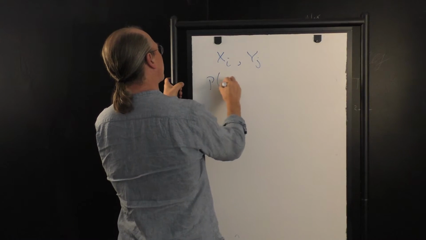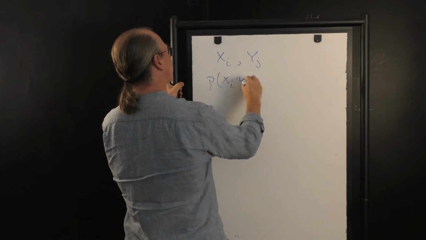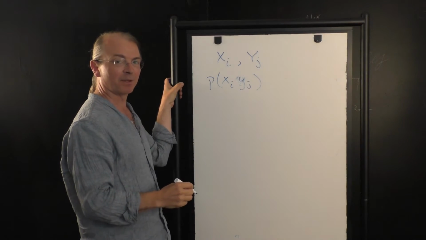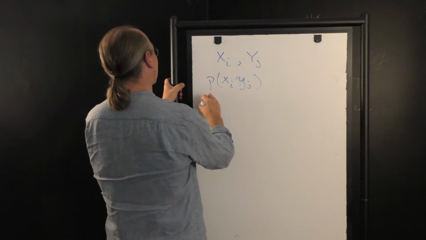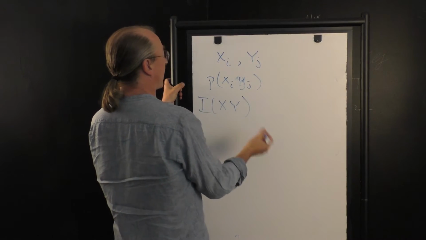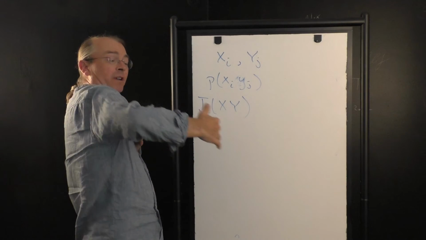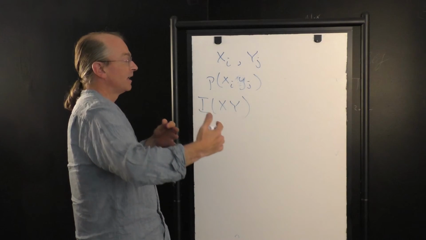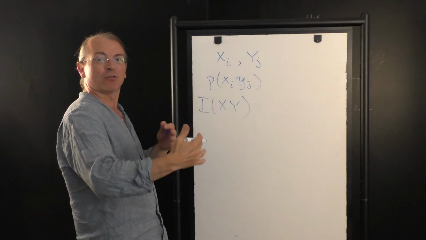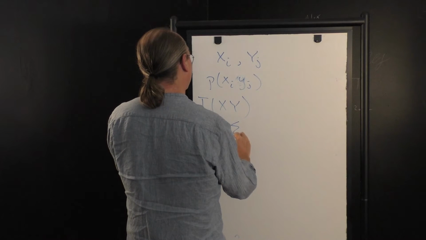So we have a joint probability distribution, Xi and Yj. This is our joint probability as before. And now we have a joint information, which we'll call I of X and Y. This is the information that's inherent in the joint set of events, X and Y, in our case being sunny or not sunny, raining and not raining. And this just takes the same form as before.